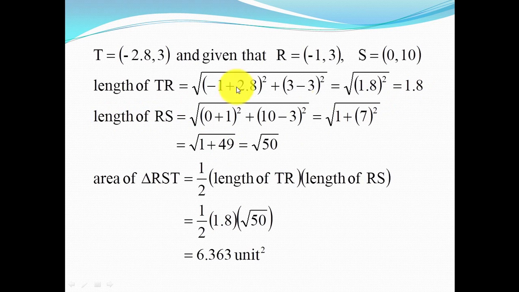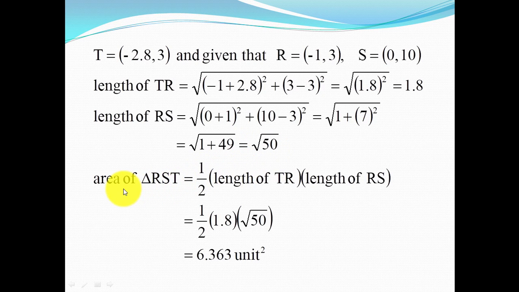Length of RS: S is the final position, so the x component of S minus the x component of R, 0 plus 1, squared, plus the y component of S minus the y component of R, 10 minus 3, squared, all under a square root, which is equal to square root of 50.